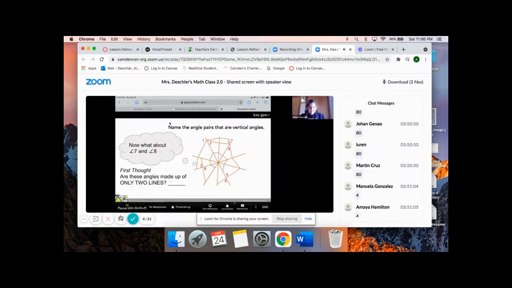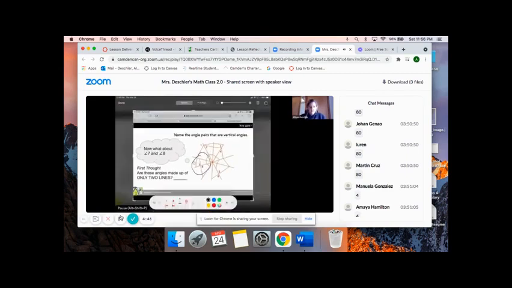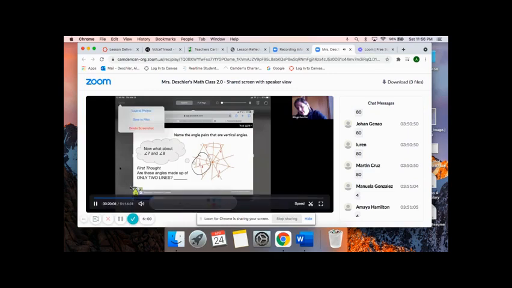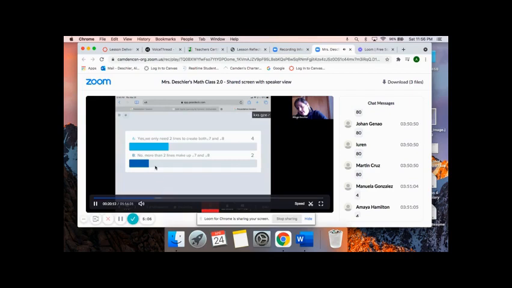All right, so now look at angles 7 and 8. Ask yourself, are these angles made up of only 2 lines? Got some mixed reviews here coming in.